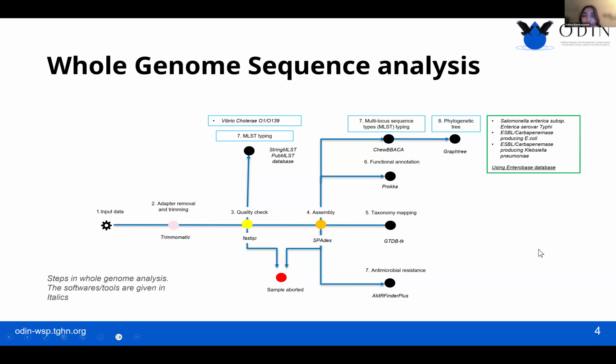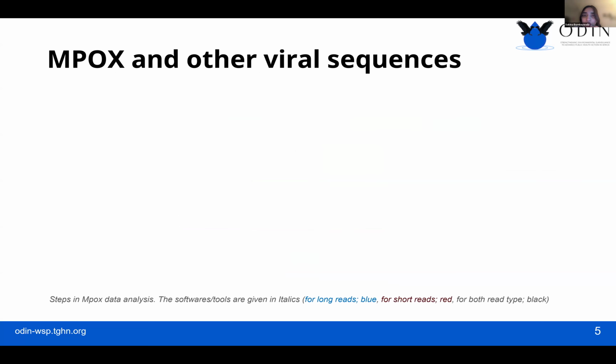It also involves multiple steps, from quality control, which is a major aspect of this pipeline, followed by taxonomic analysis, followed by functional analysis, and we also have multi-locus sequence typing within this, and also phylogenetic analysis to get the overall picture of genome evolution during this project.